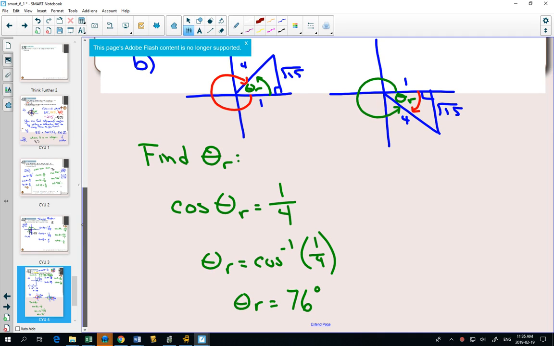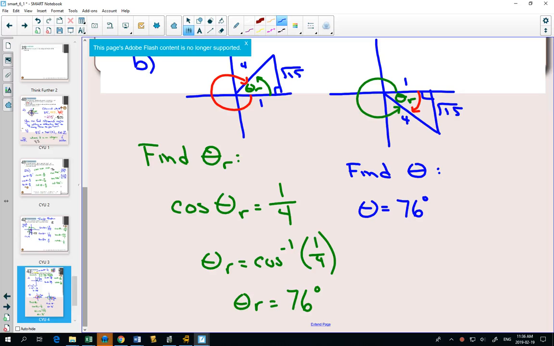So after I found my reference angle, I can now find my actual values. Theta is going to equal. Can you see in quadrant 1, the green one, the positive one, would be exactly the same as my reference angle. So I can write one of my answers is going to be 76 degrees.